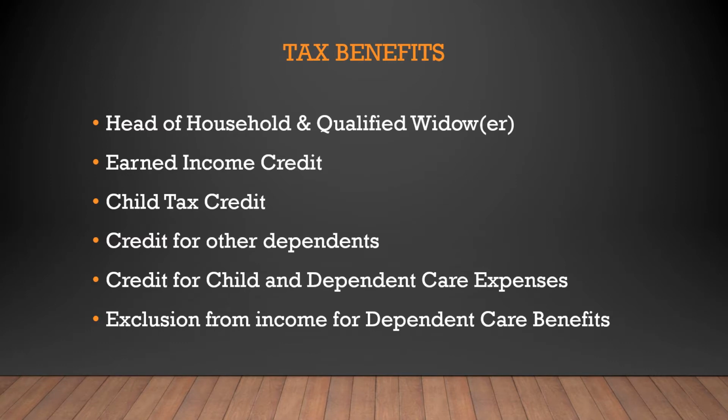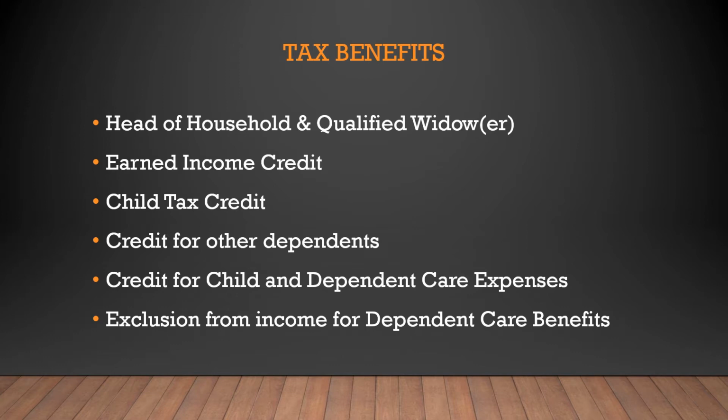So what are the reasons somebody would want to claim another person on their return as a dependent? Well, there are tax benefits. As we already discussed, a dependent can help a taxpayer qualify for one of our two special filing statuses. It can also increase the amount of earned income credit that our taxpayer can qualify for.